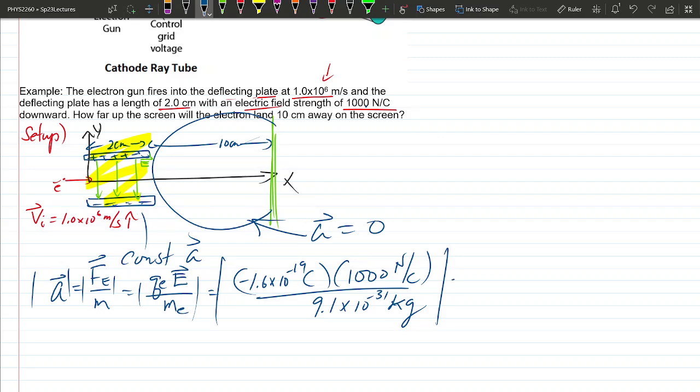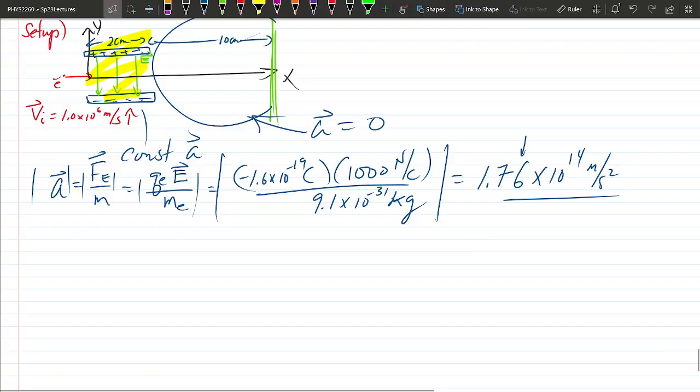So this acceleration is huge: 1.76, I'm going to round to 3 significant figures, so I'm keeping one more than we need because I know the problem is going to be 2 significant figures, times 10 to the 14 meters per second squared. It's a huge acceleration, but it's only going to experience that for a very short amount of time.